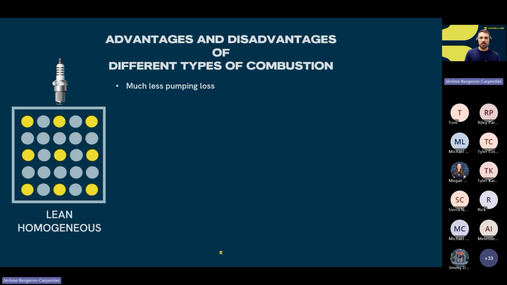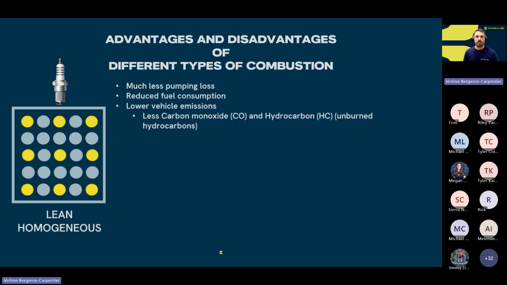Lean homogeneous. Basically, we have much less pumping loss. There's less restriction, because we want more air coming inside the engine, or the cylinders. That is why we have less pumping loss. We can open up that throttle body and prevent that from happening. We do have a reduced fuel consumption, we all know that. Lower vehicle emissions, so less carbon monoxide and hydrocarbons.